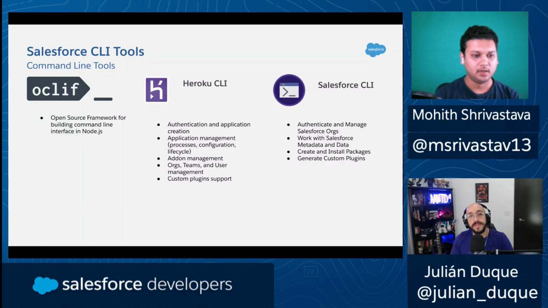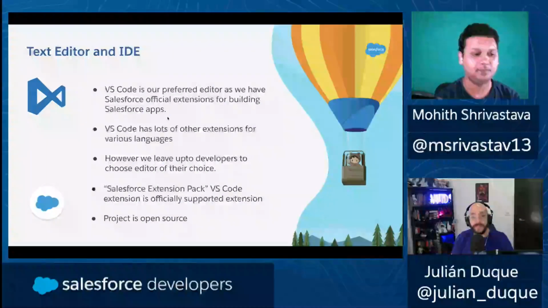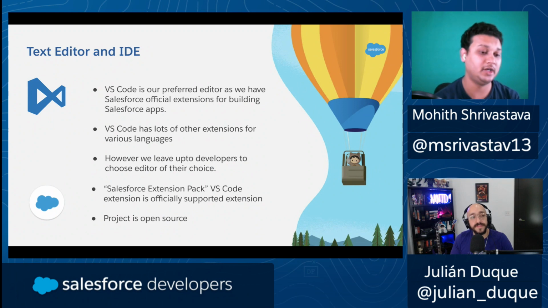So you can do a lot of those common tasks through the Salesforce CLI. Now, I also want to talk about text editors and IDEs. At Salesforce, we prefer using VS Code as our preferred editor because we have been investing a lot in building the Salesforce official extension pack for building Salesforce apps. Also, VS Code has generally good extensions for various other languages, and it is popularly adopted by developers.